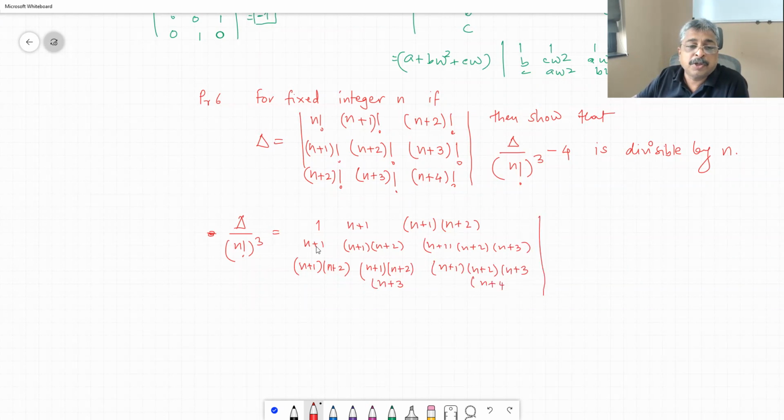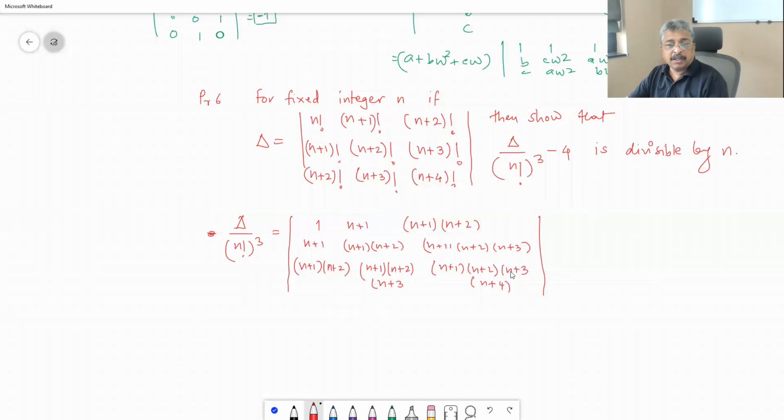This is the determinant which is left with us. Now if this has to be divisible by n, this is a polynomial in n, and if we expand this determinant, it is a polynomial in n, and you can find the degree, 0, 2, 4, 6 degree polynomial in n.